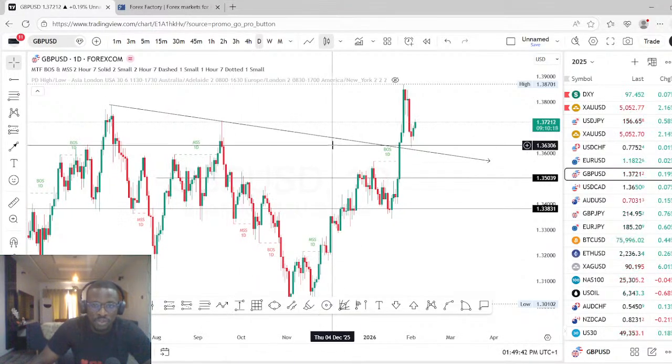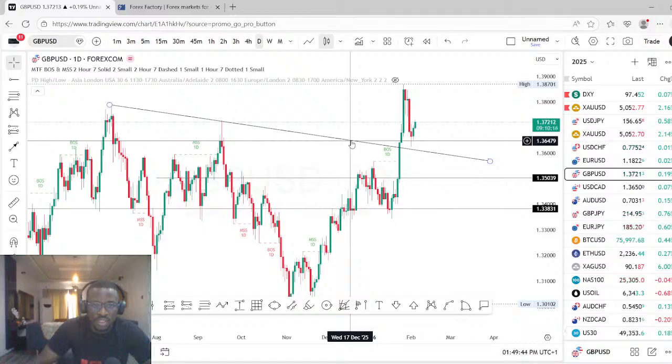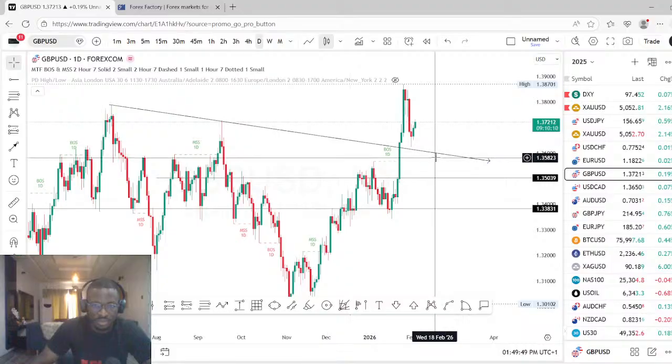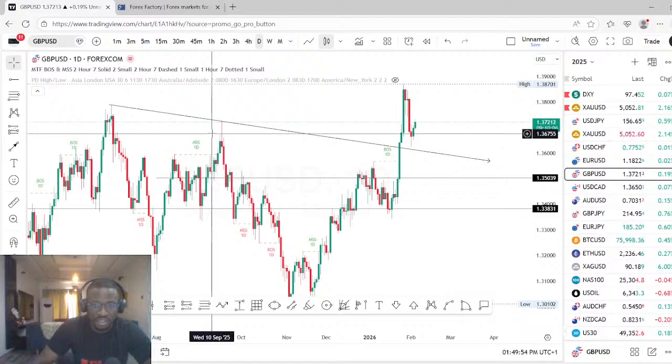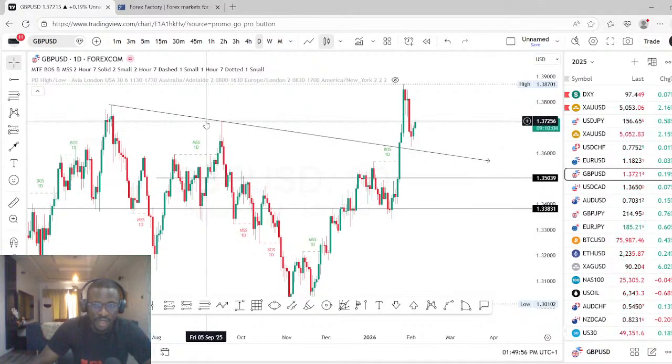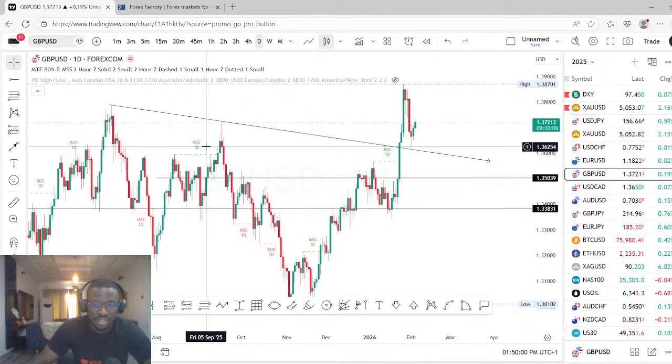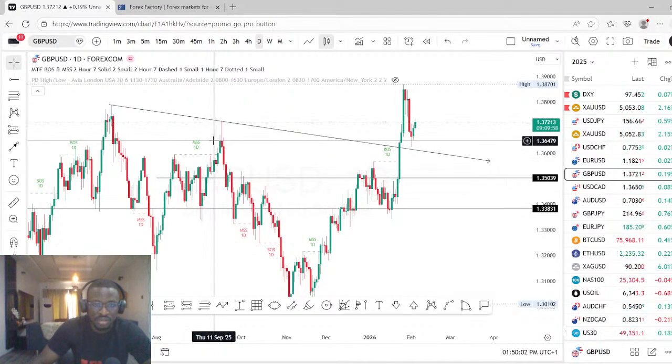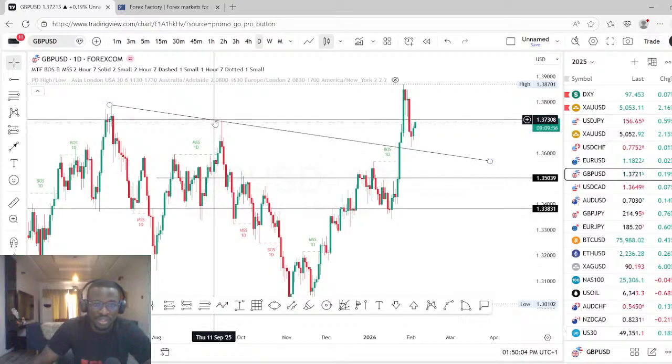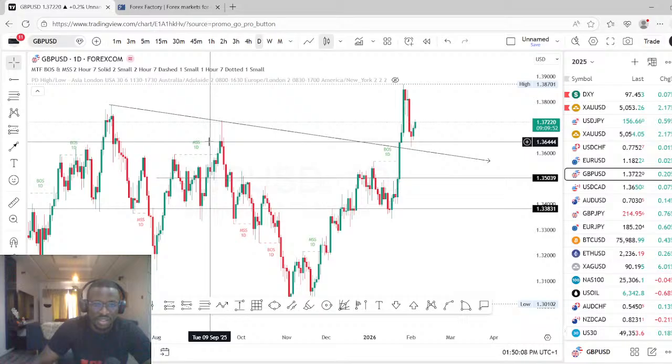Okay, so that is that about it. And ladies and gentlemen, we've had price retest certain levels at certain periods, and the market has also reacted in a certain way within this particular market.